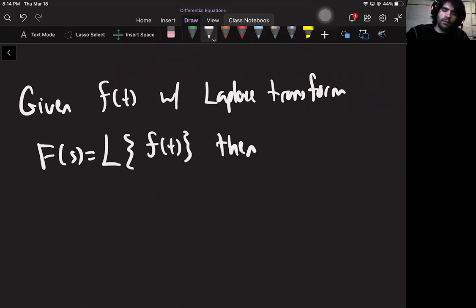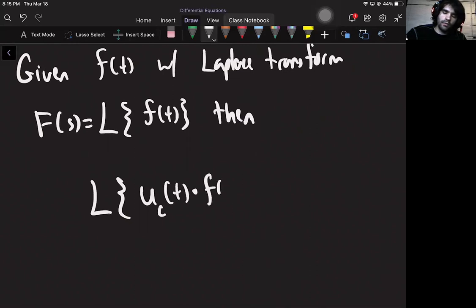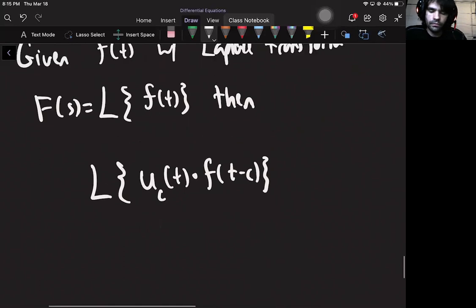Then what happens if you start the function later, aka what is u, the unit step function, starting at time c, times the function shifted over by that amount? This is what we want to figure out. And it's actually pretty interesting.